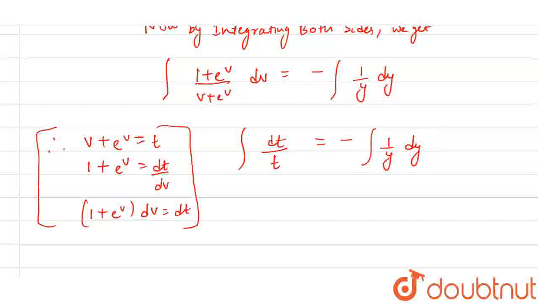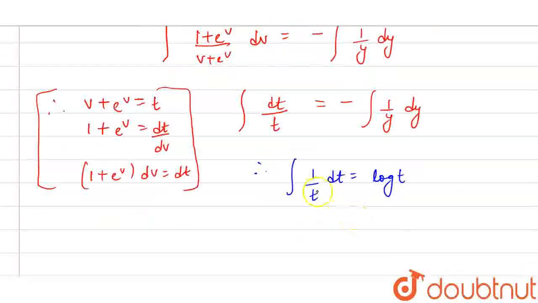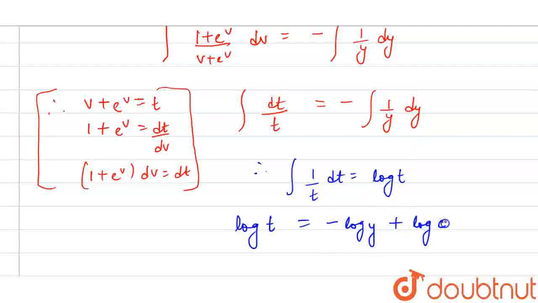Now we know the formula that the integral of 1 by t dt is log t. Using this formula, the left side will be log of t, and similarly the integral of 1 by y dy is minus log y plus some constant, log c.